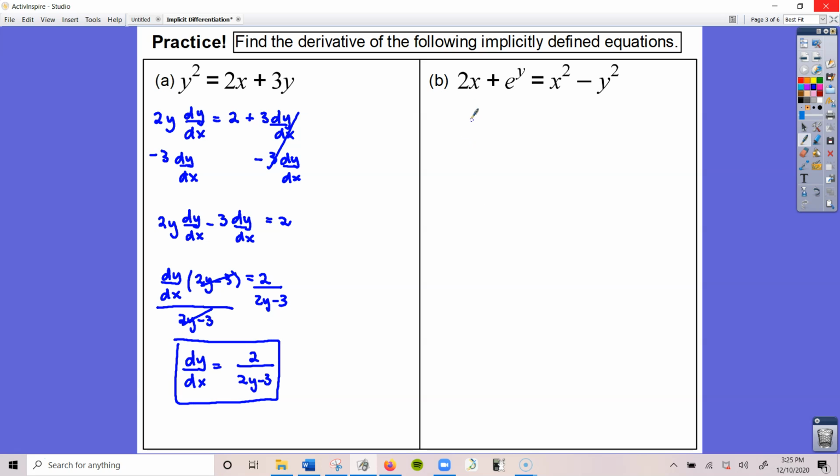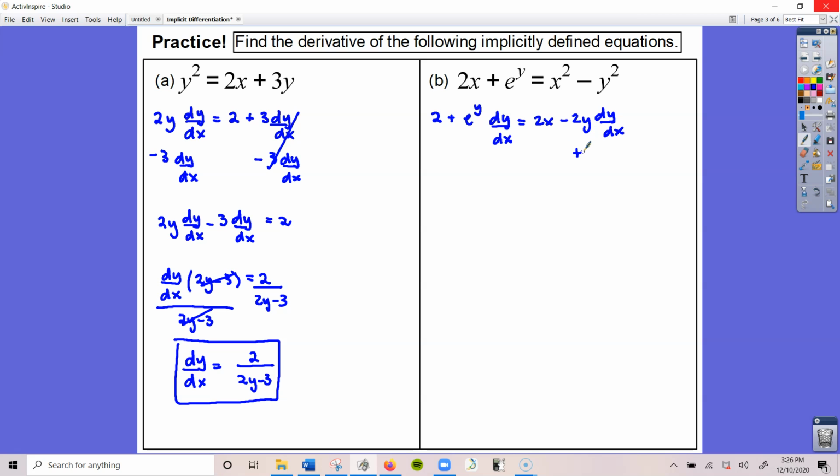Let's go ahead and try another one. We have 2x plus e to the y is equal to x squared minus y squared. When we find the derivative, we get 2 plus e to the y times dy/dx is equal to 2x minus 2y dy/dx. Again, I want to move all of my dy/dx's to the left and everything else to the right.